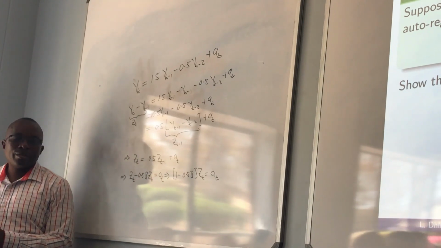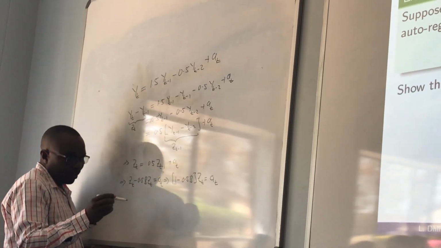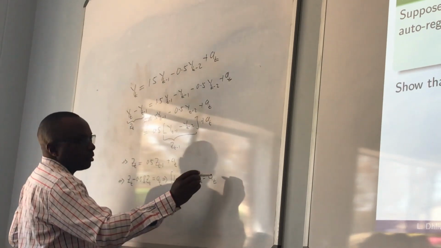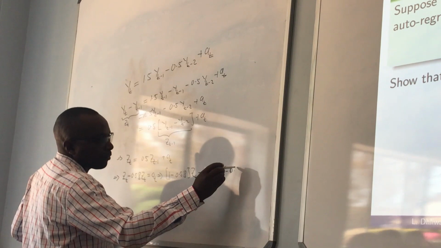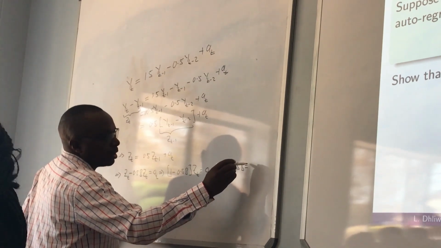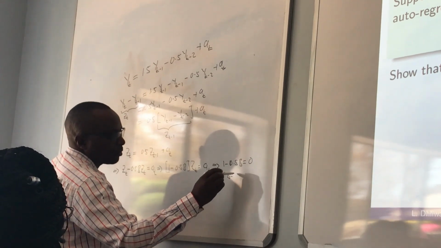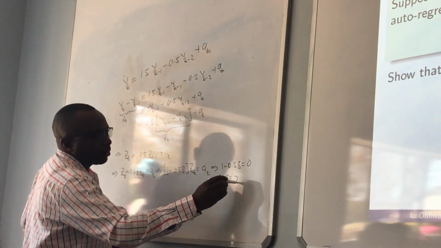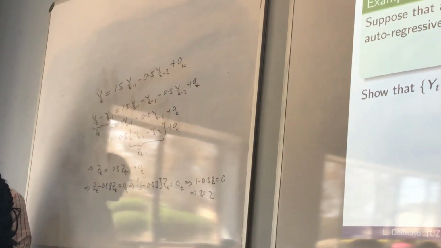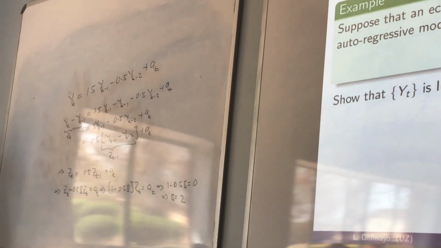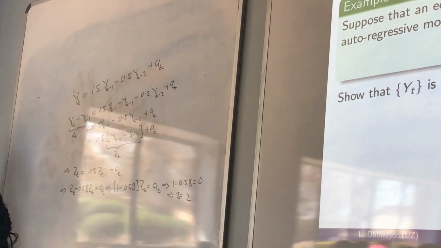And so for B, what do you get? One minus 0.5 B is equal to 0, which implies that B is equal to 2. So B is equal to 2.